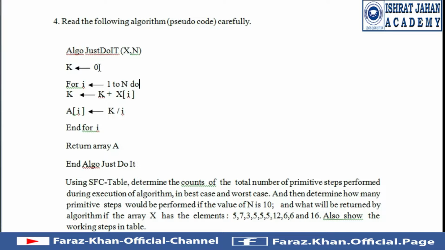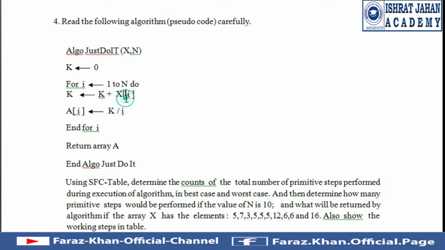K is 0, it's an initialization process. For I is 1 to n, do k plus x into I. X into I means the array of x, and I is the variable with which I will traverse the values of x.